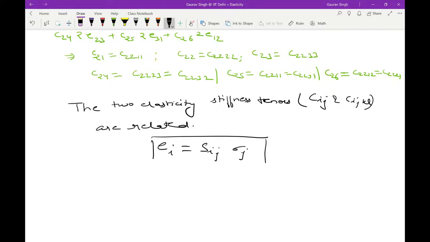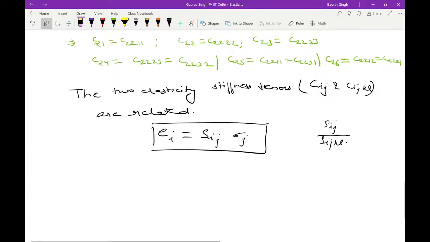This is from the Voigt notation matrix. So Sij is also a compliance matrix, and obviously it will also be related to the Sijkl. So this is easy to do.